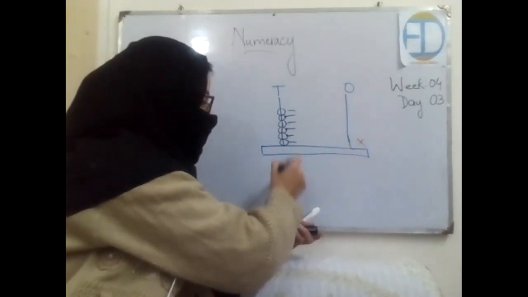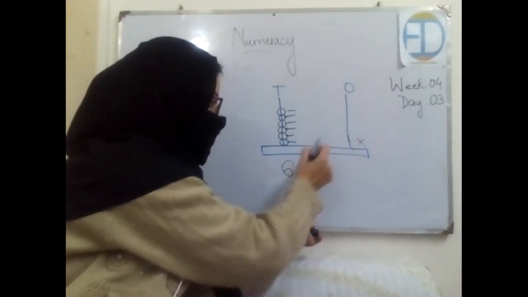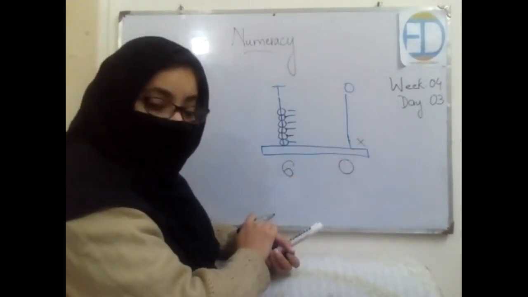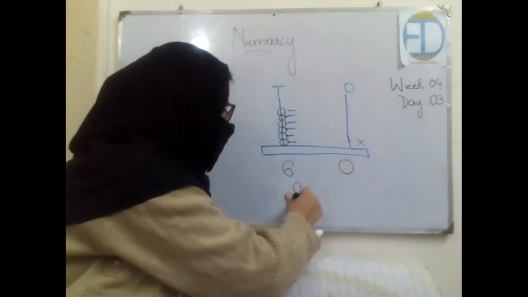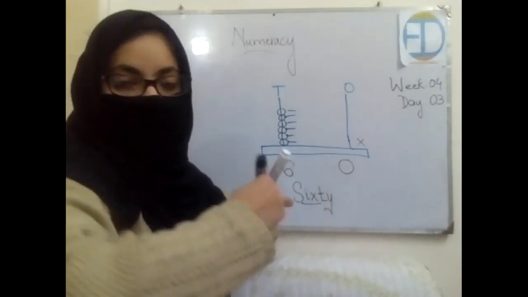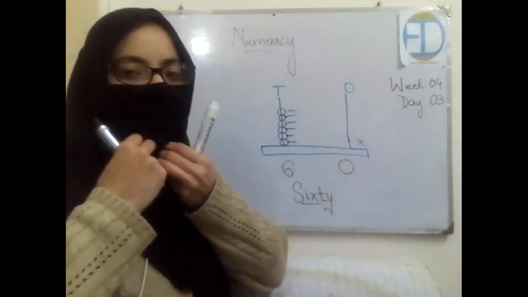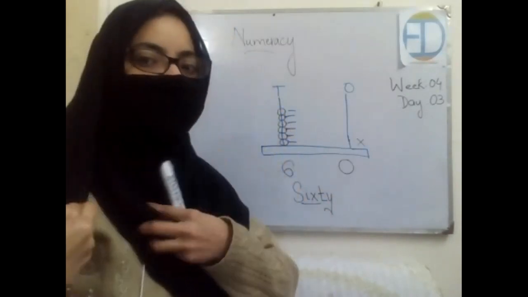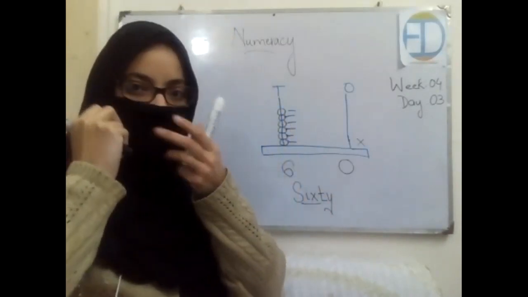When we write it, how many tens? 6. How many ones? 0. So the number is 60. And the spelling of 60 is SIXTY, 60. Got it? So hurry up, write it down. SIXTY, 60. Okay?